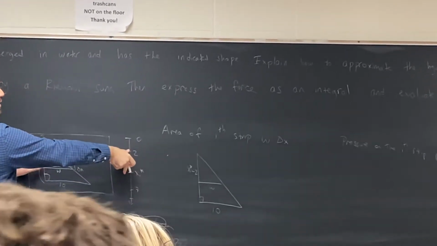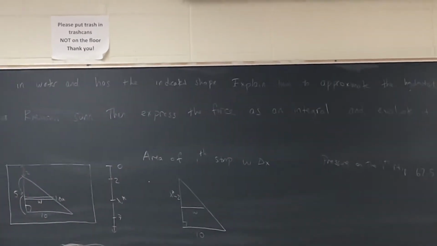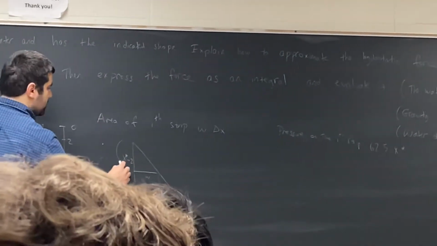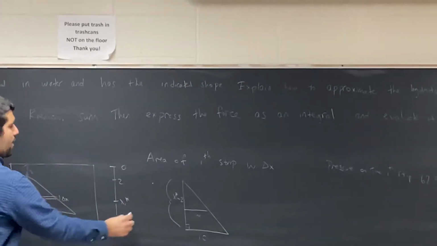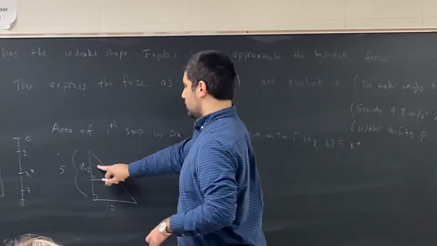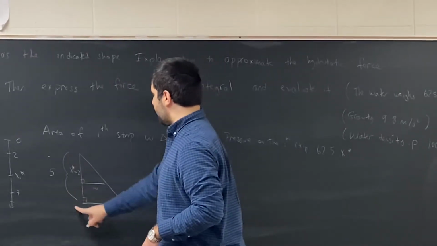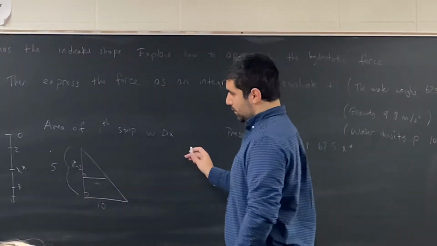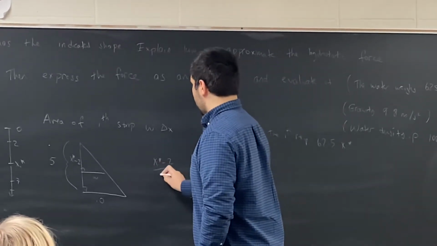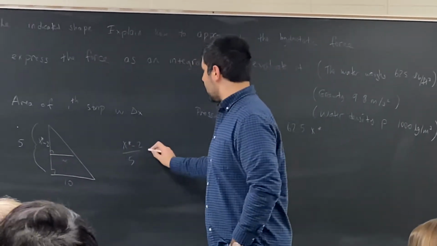So if you're trying to calculate this distance, since xi star is greater than 2, you need to subtract 2 from xi star. And what is this length? It's 5. So then we have two similar triangles. The smaller right triangle, xi star minus 2 and W, and then 5 and 10. So if we set up the ratios, we can say the ratio between xi star minus 2 and 5 should be equal to W over 10.